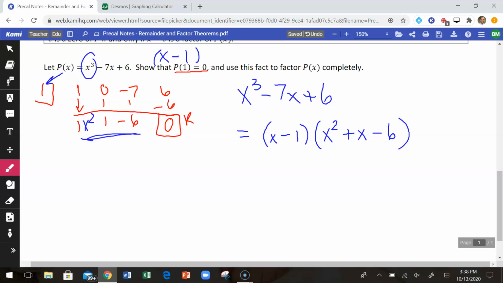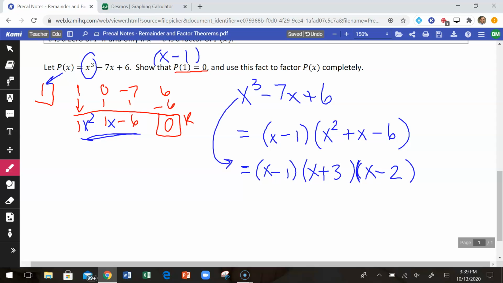That's what I got from this. This would be the x term, and then I would have negative 6 there. And if I want to then factor this completely, because I know that x minus 1 is a factor, I've got that. And the other one, what I have left, now factors really nicely. This would be x plus 3 and x minus 2. And we've taken our polynomial and factored it completely.